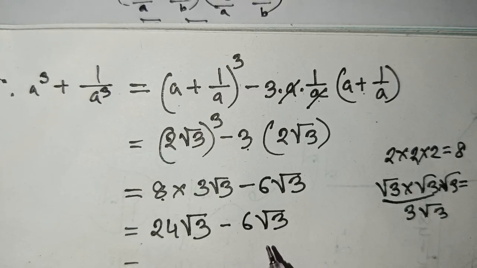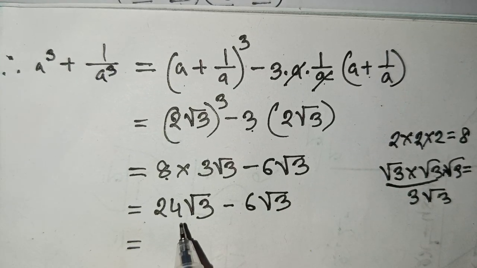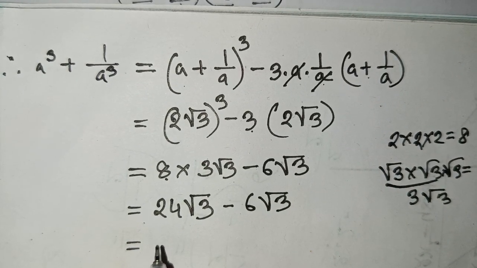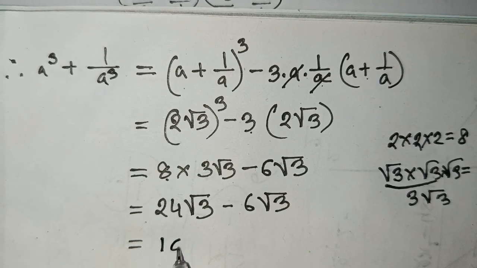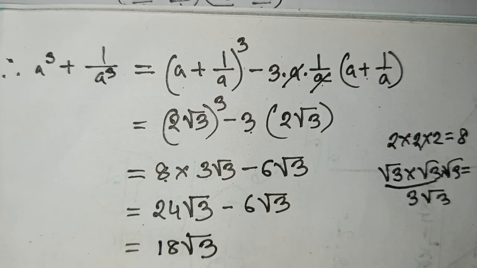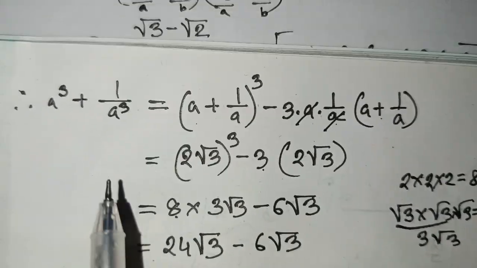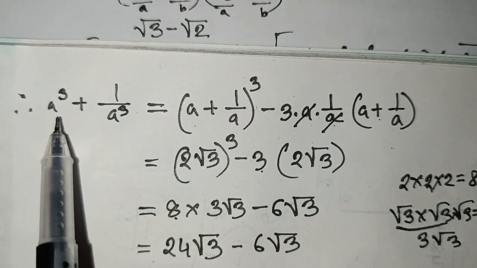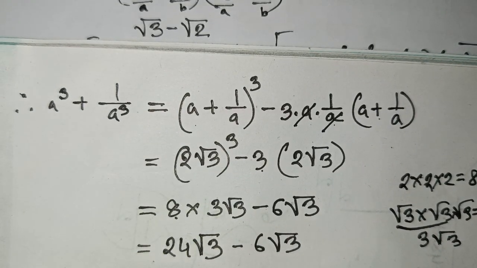If we subtract 6 root 3 from 24 root 3, it becomes 18 root 3. So this is our required answer for a cube plus 1 over a cube.